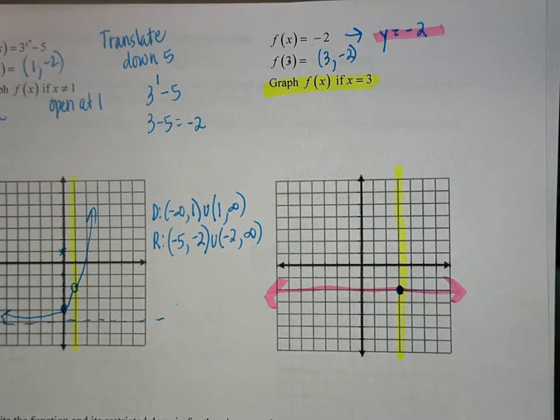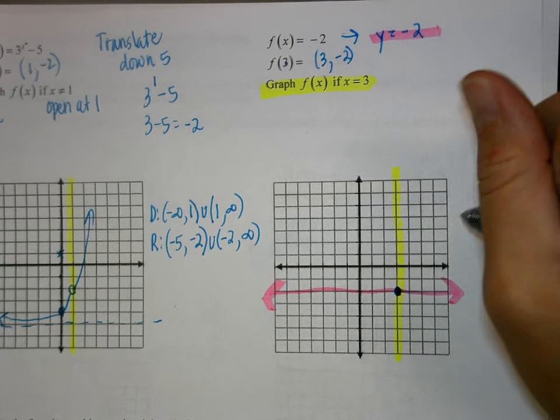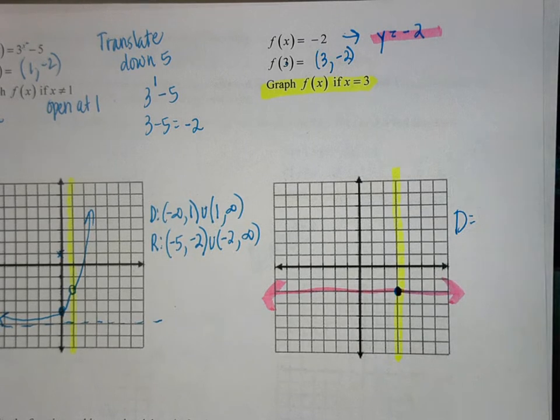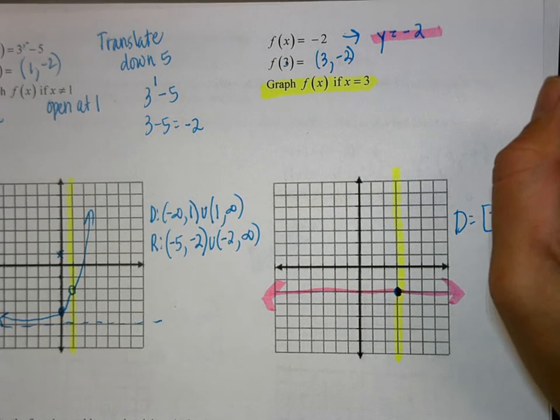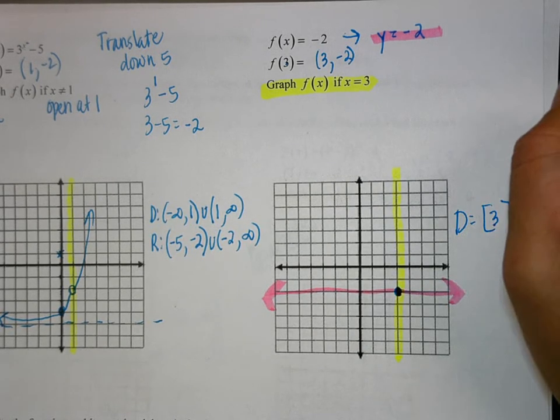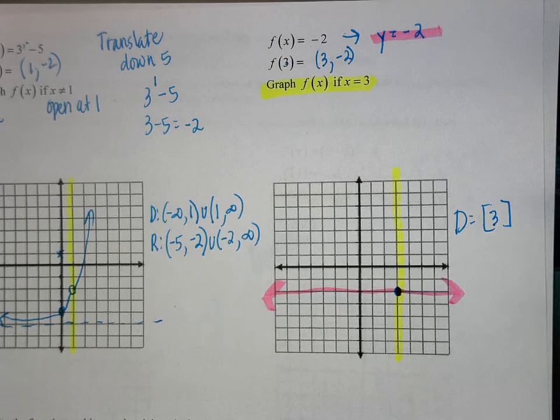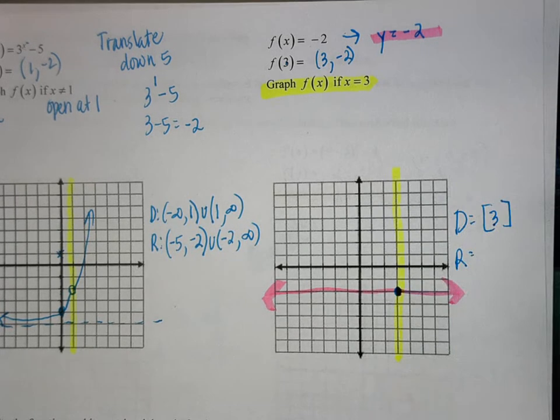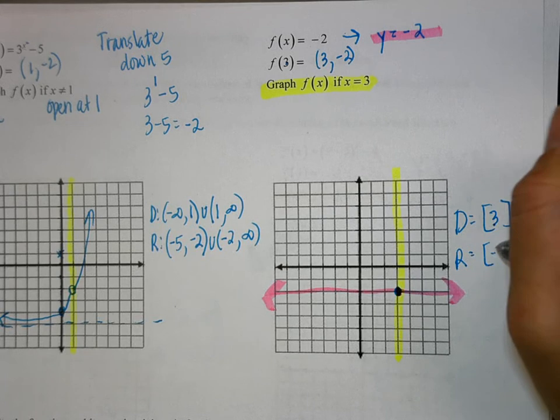Okay, so what's your domain on this? So what x value does this equal? 3. So it's just a bracket at 3. It only equals that one value. Range, what is my range? -2. In brackets, it only equals that value.